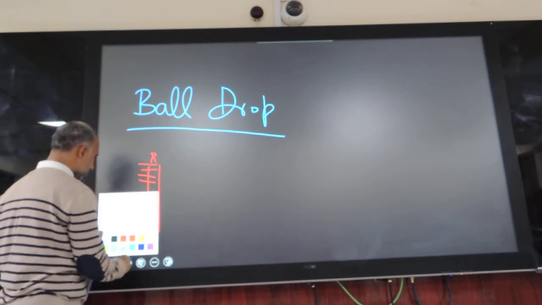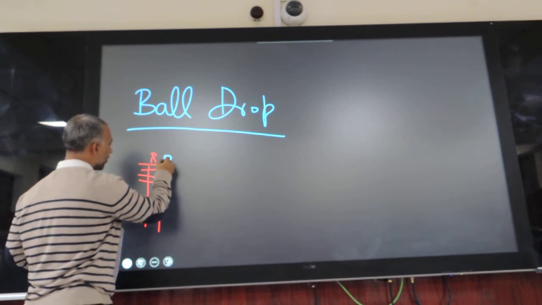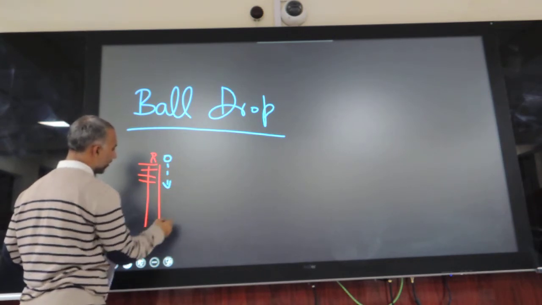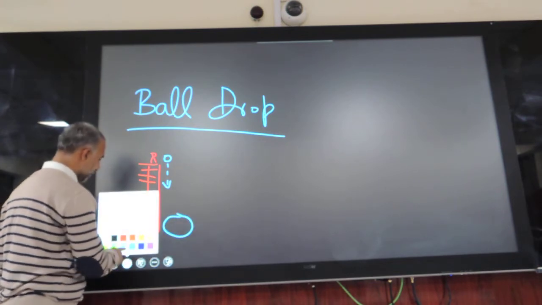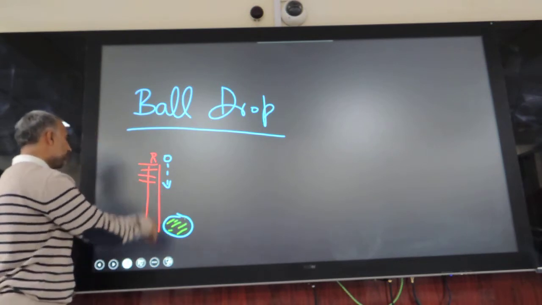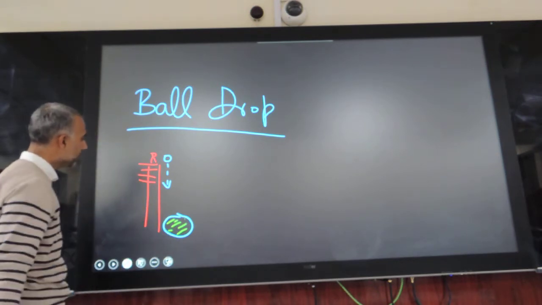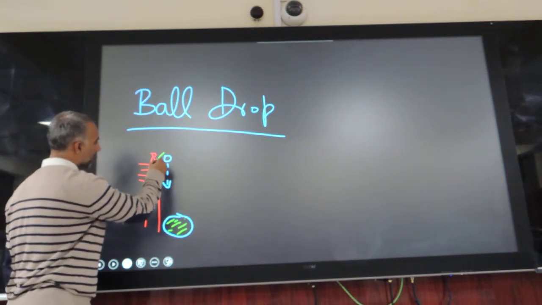Once they throw the ball, of course the ball will fall on the ground, where there is some grass, due to the effect of gravity.